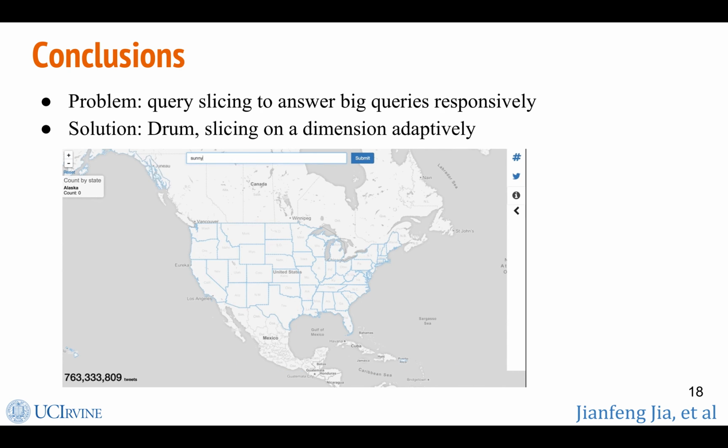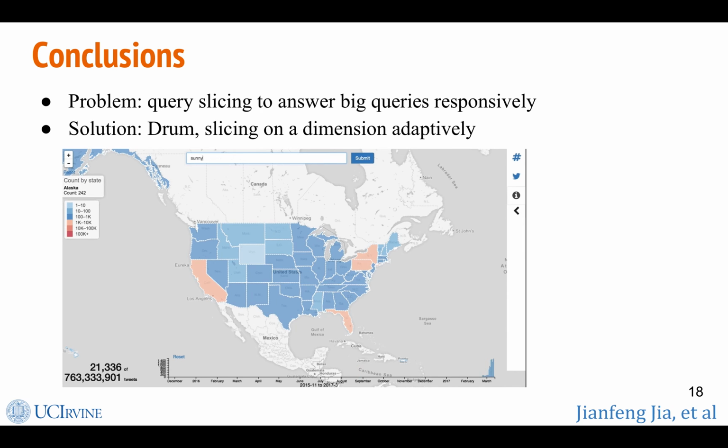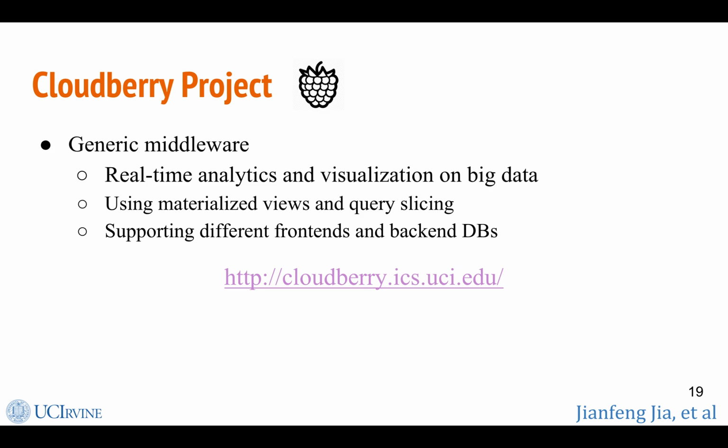As you can see, the user can get the earliest response as fast as possible, and then keep receiving more results at a regular pace, so that the user can make decisions more quickly. At the same time, the UI is much more responsive.